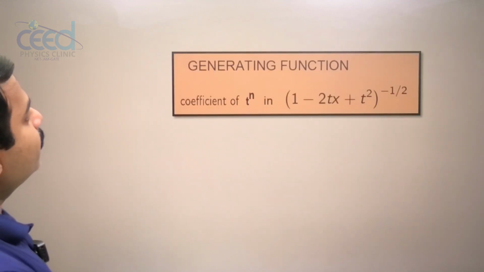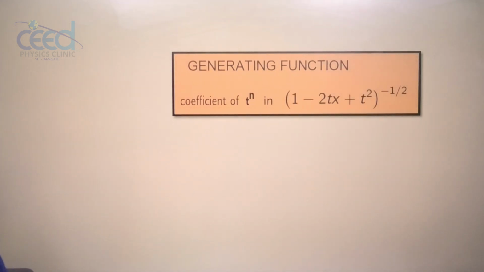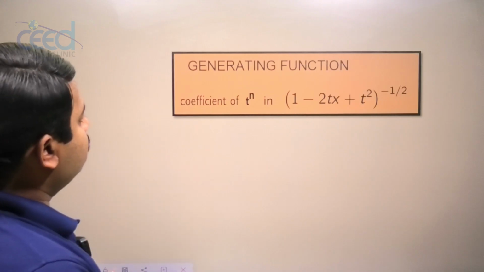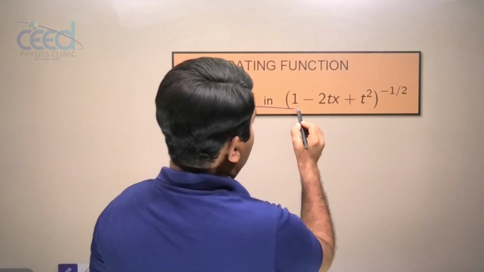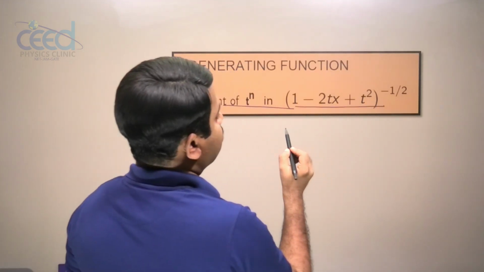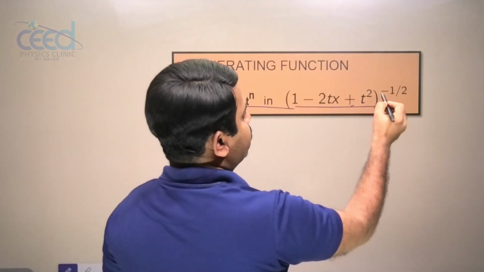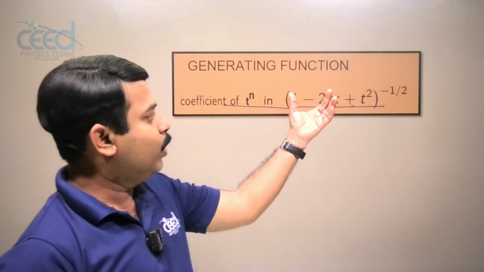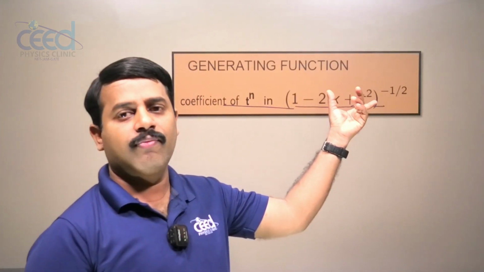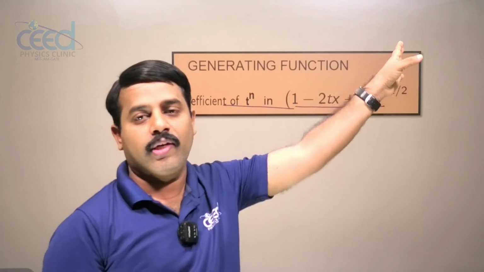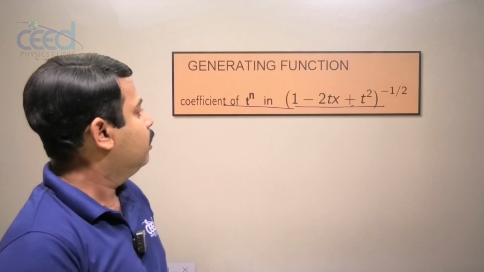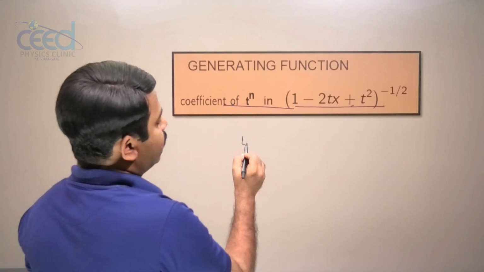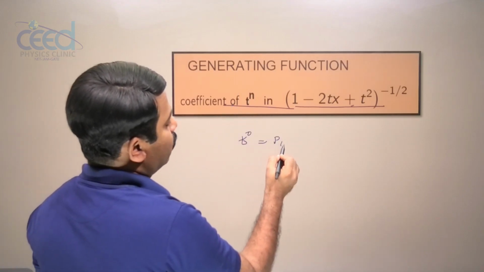Now generating function, right? So the generating function is the coefficient of t raised to n in 1 minus 2tx plus t square all raised to minus 1 by 2. You expand this using the binomial theorem, the expansion of 1 plus x all raised to n. Using that formula we can expand this. Then what is pn? If you find the t raised to 0 coefficient, you get p0 of x.